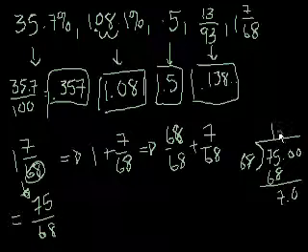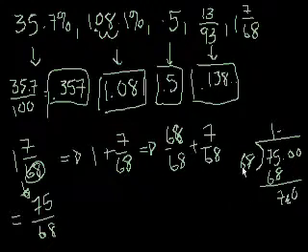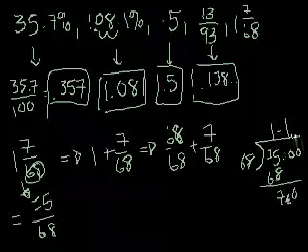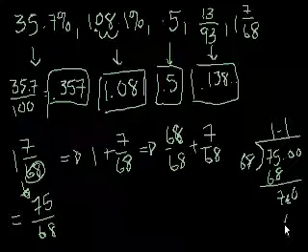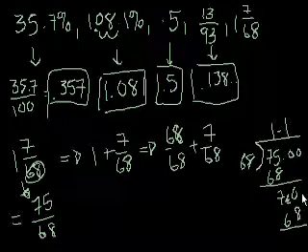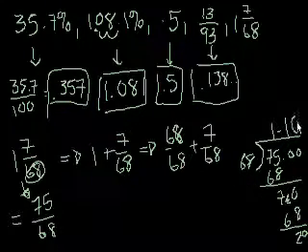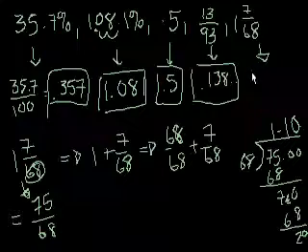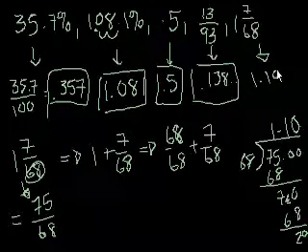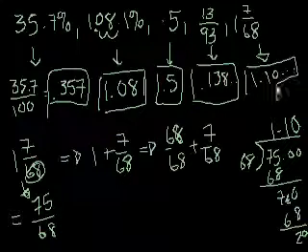You don't have to write the decimal there. 68 goes into 70 one time. 1 times 68 is 68. 70 minus 68 is 2. Bring down another 0. 68 goes into 20 0 times. The problem's going to keep going, but once again we've gotten to enough accuracy that we can compare. So 1 and 7/68 is equal to 1.10, and if we kept dividing, we'd keep getting more decimals of accuracy.